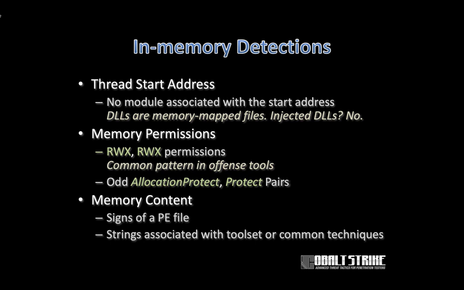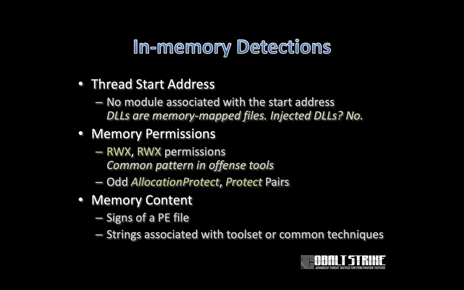This is because the program itself is loaded as a memory-mapped file, and the DLLs it loads are memory-mapped files. Memory-injected DLLs are usually not memory-mapped files, and so if a thread is created without any extra care, it will stand out for this purpose.